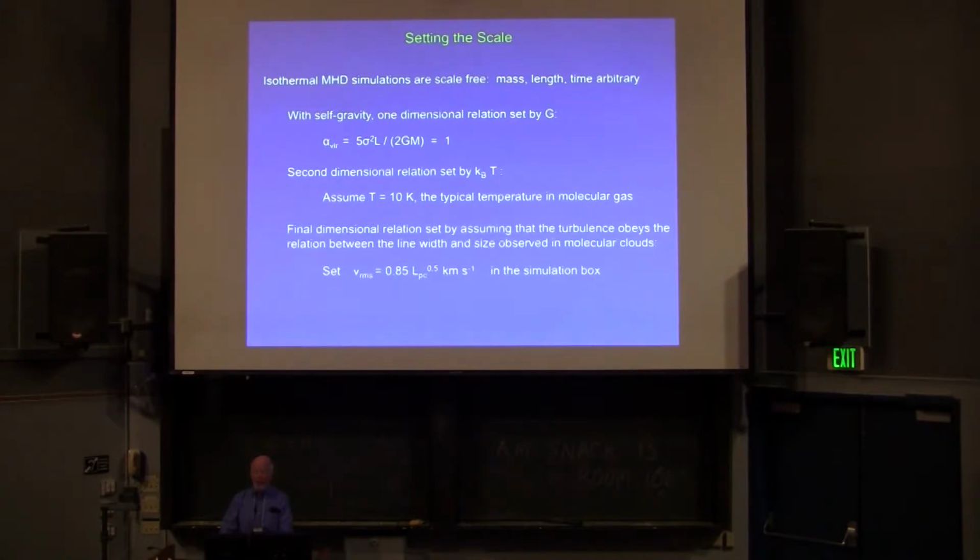And finally, the final dimensional relation is to use the line width size relation. It has been observed for a long time. This was first noted by Larson in 1981, that the larger the scale you look at in the interstellar medium, the higher the velocity dispersion. And this is a characteristic of turbulence.